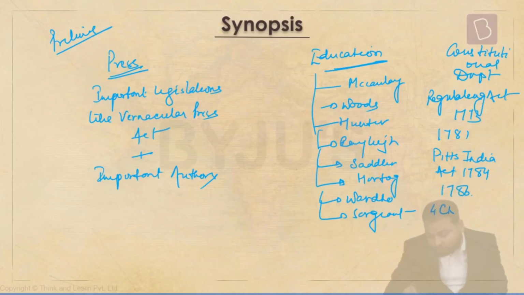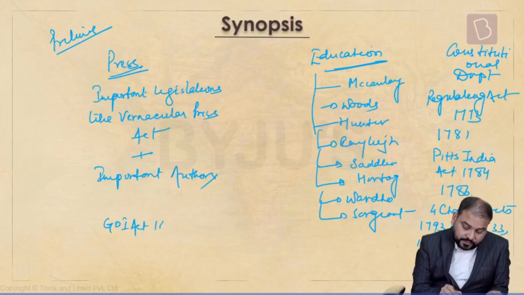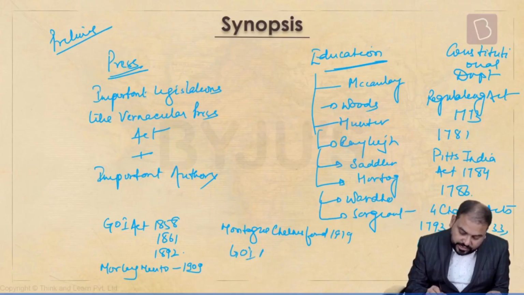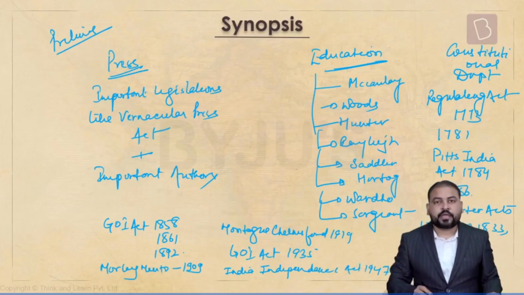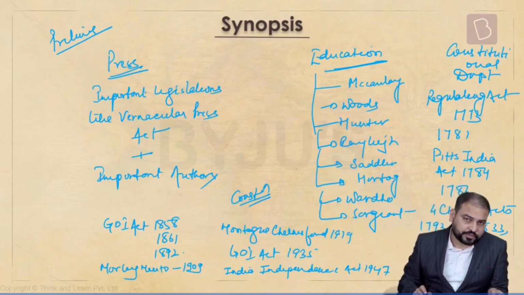Of course, the Charter Acts of 1793, 1830, 1833, 1853, and a few which we have already studied, for example, the GOI Act of 1858, 1861, 1892, Morley-Minto, that is 1909, Montagu-Chelmsford 1919, GOI Act 1935, the Indian Independence Act 1947, and of course we'll look into the constitution-making body, that is the Constituent Assembly, also at this point.